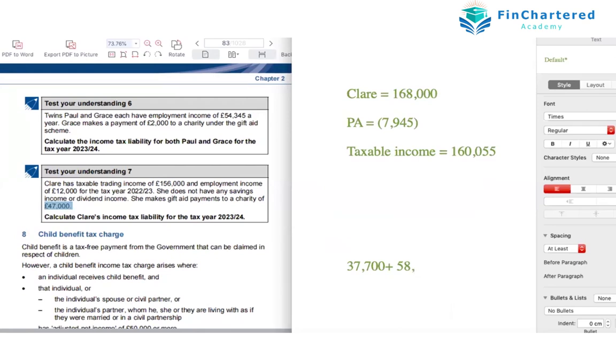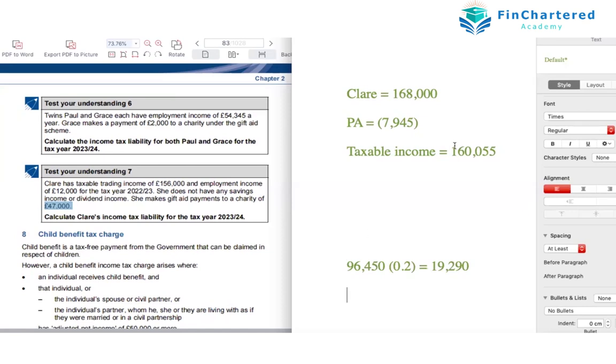But now you're paying tax on 58,750 at 20%. So how much is 37,700 plus 58,750? So 96,450 is taxed at 20%. Therefore, how much is the tax liability? 19,098.